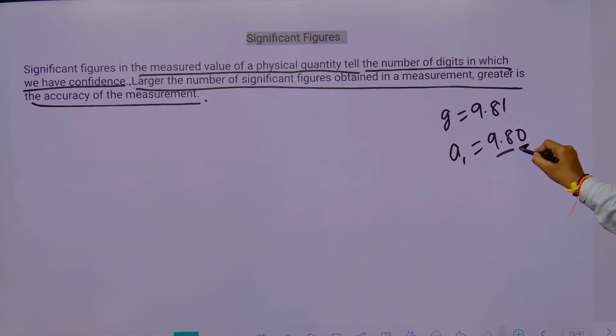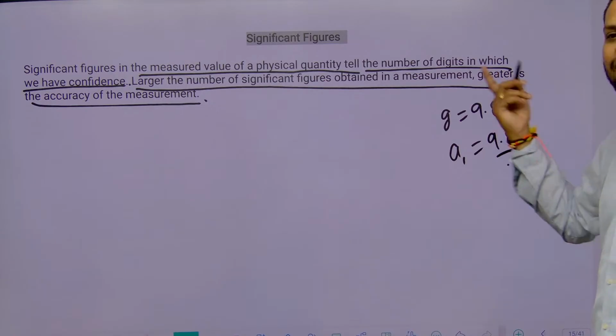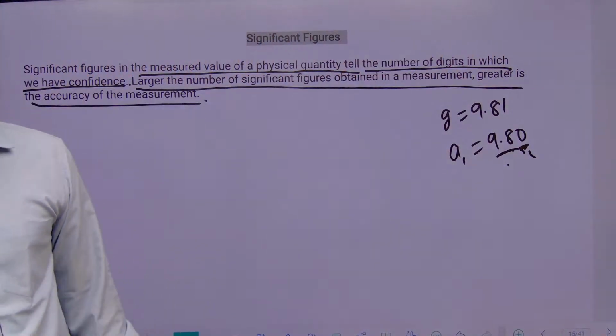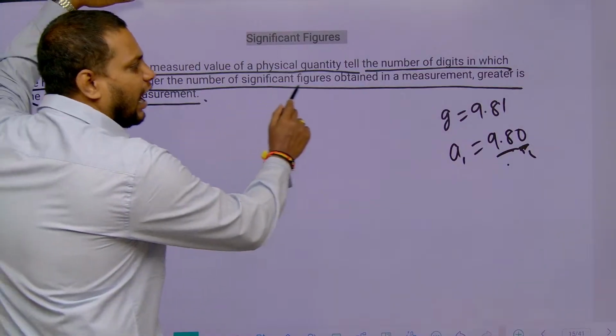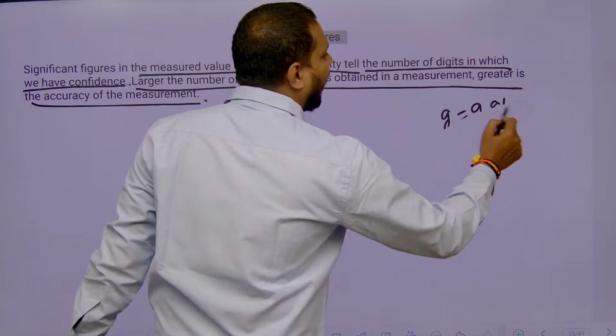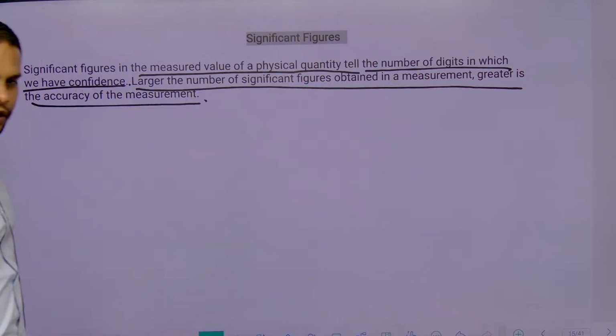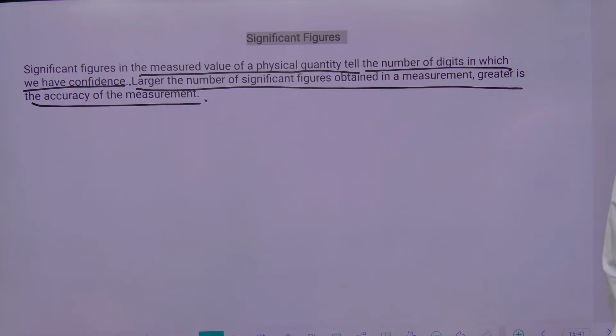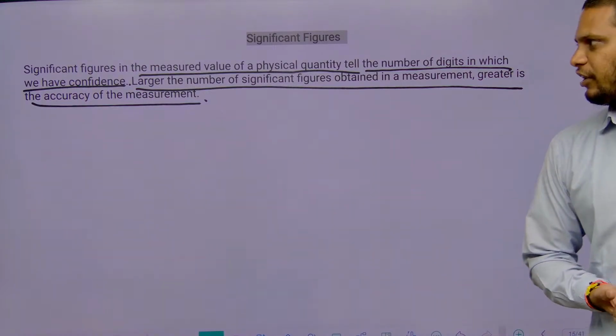If more significant numbers are there, that will be more trustworthy, very close to the true value. So if there is a large number of significant figures in a given number, there should be more accuracy in the number. Are you clear? So please write down significant figures: the number of digits that can be trustworthy.